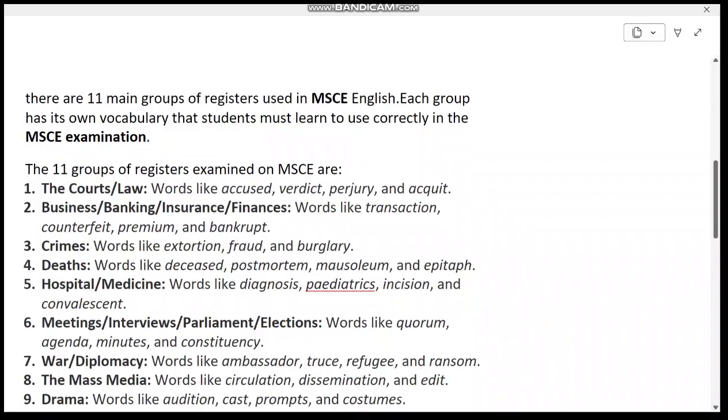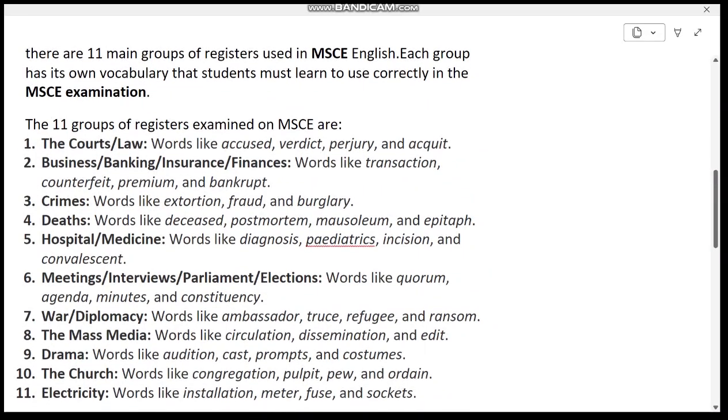So in our MSCE syllabus, there are mostly 11 groups of registers. Words that refer to issues to do with the law, business, banking, insurance, finance, crimes. For example, words like collateral. Now, if you go to the hospital and try to use this word, they will look at you and wonder, what is he saying?